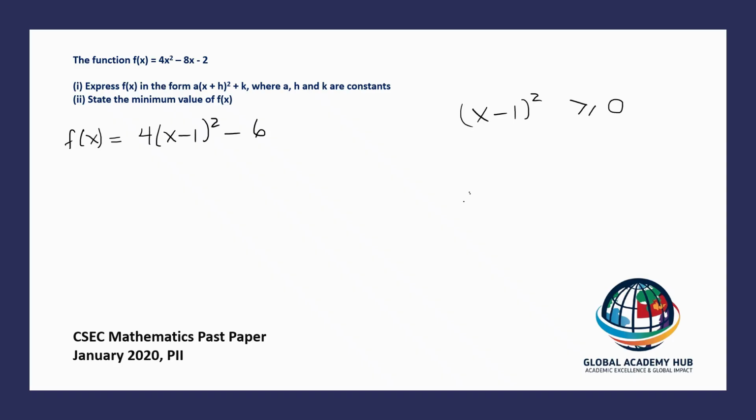Why? Because I'm squaring something. So it has to be a positive value. Even a negative number, if it is squared, is a positive value. So the least I could get here is 0. And to get that, x would have to be 1. So that if I had 1 minus 1 in here, that would be 0.